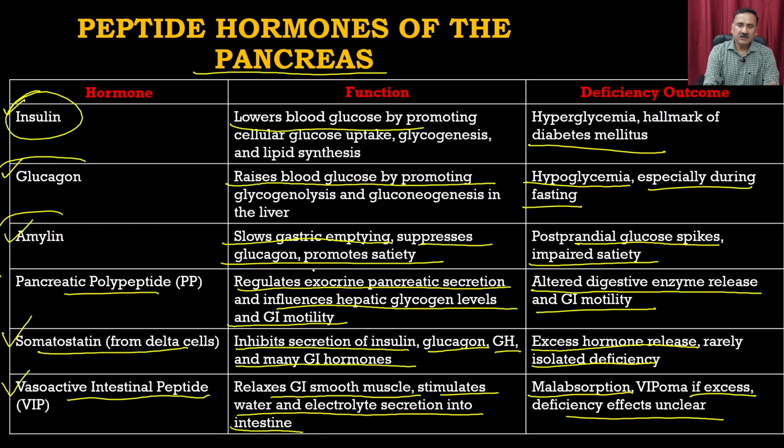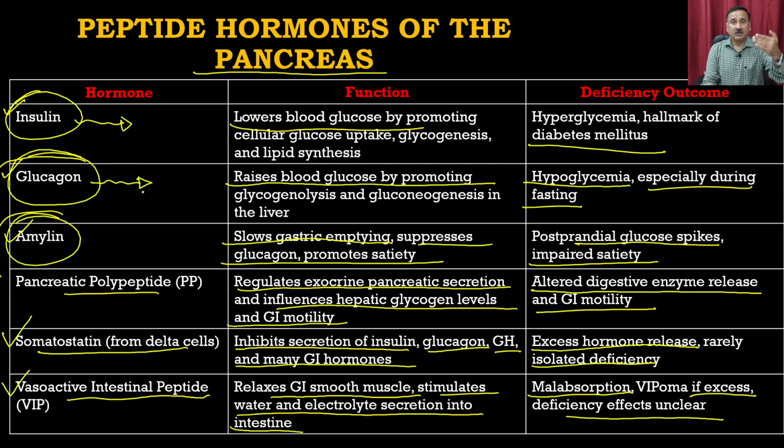To explain these mechanisms, I have taken the example of glucagon and how its cell signaling works. Glucagon signaling is different from the insulin signaling, and different from amylin, but the events are the same. When we explain the glucagon, it doesn't mean that the other hormones are going to follow the similar kind of machinery. The machinery is going to be different, but the events are going to be the same.